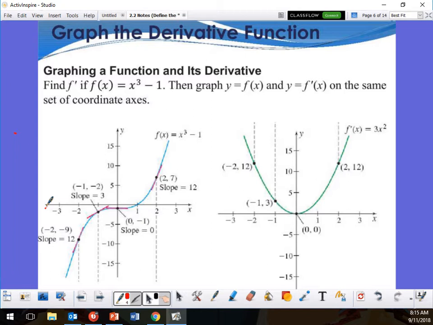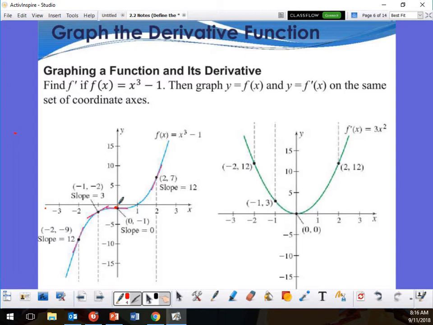Okay, and we were talking about the slopes every single time. On this first one, f of x, all my slopes are either positive or 0, right? It's going up. There is no place on this graph where my graph is actually going down, is there?